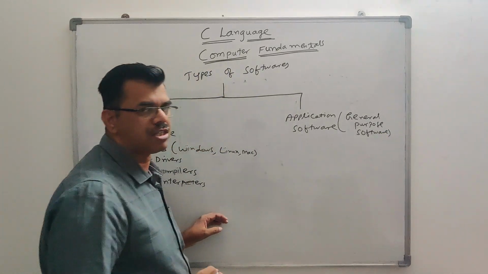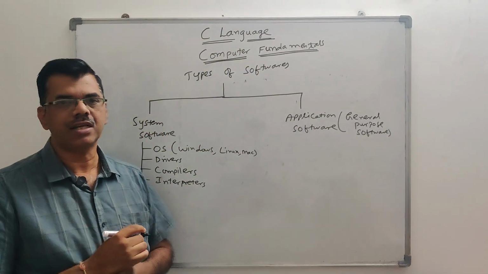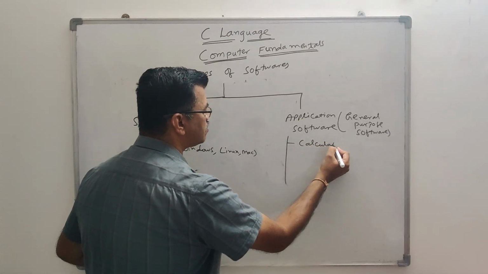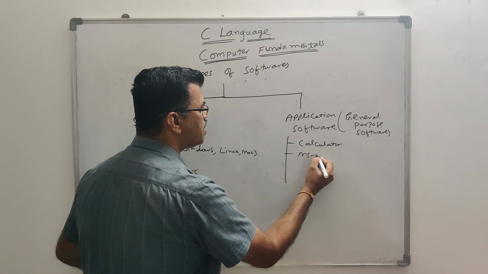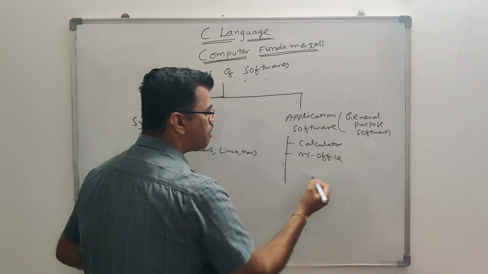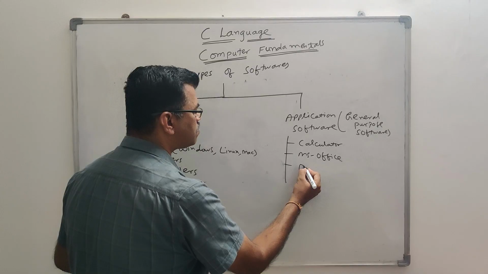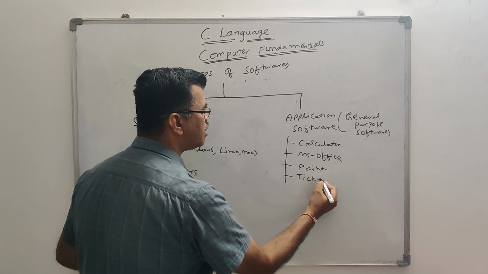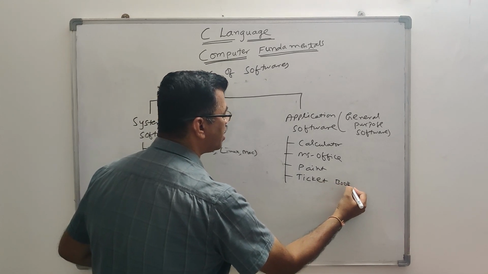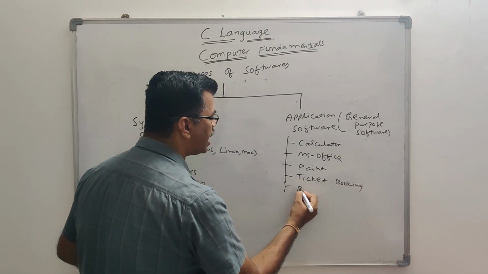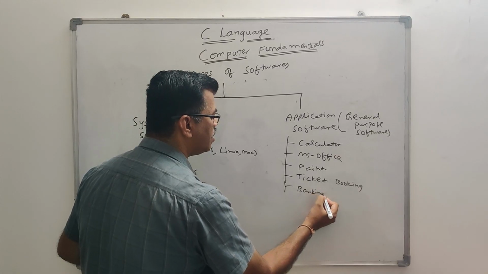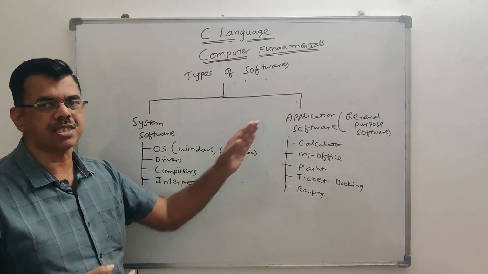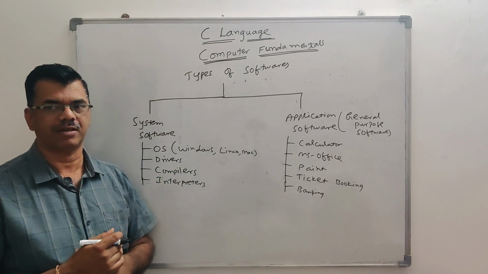Examples you can consider are calculator, MS Office like Word, Excel, PowerPoint, Paint, ticket booking, banking related, library management, hotel management. All of this comes under application software.